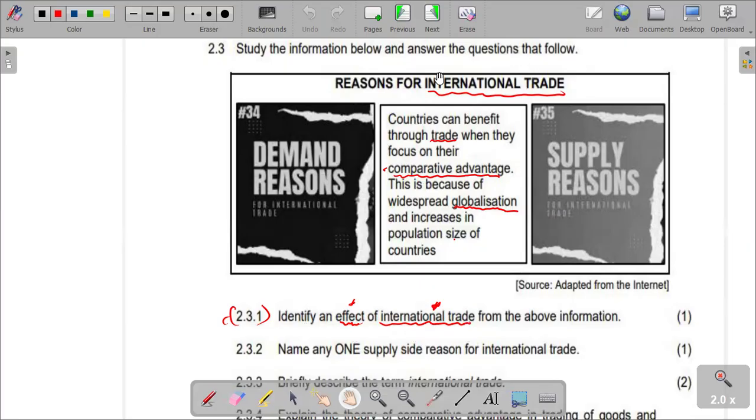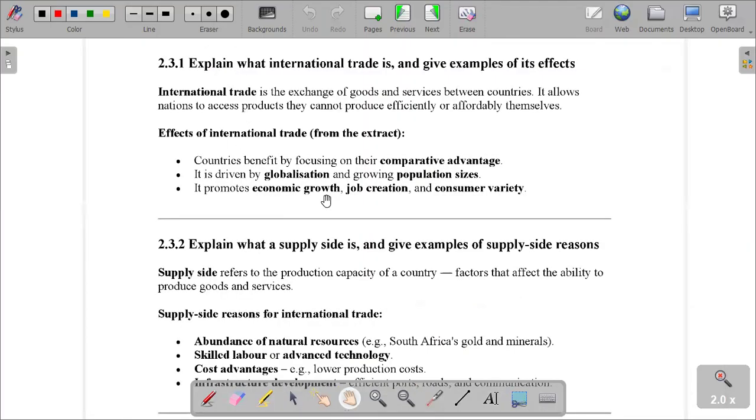So we'll first be looking at what international trade is. It states here that international trade is the exchange of goods and services between countries. If it was national, it would have been between provinces.